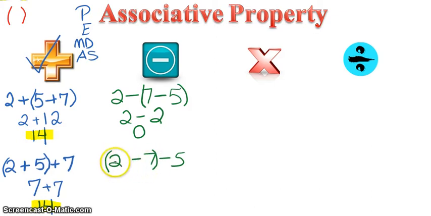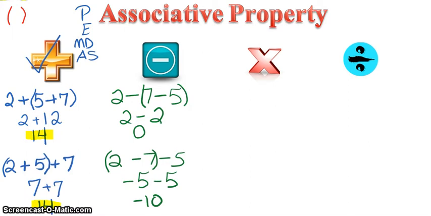If I start with only 2 and I take away 7, I know that's taking away more than I have. I'm going to get into the negatives by 5. Bring down the minus 5. Negative 5 minus 5 gives us negative 10.